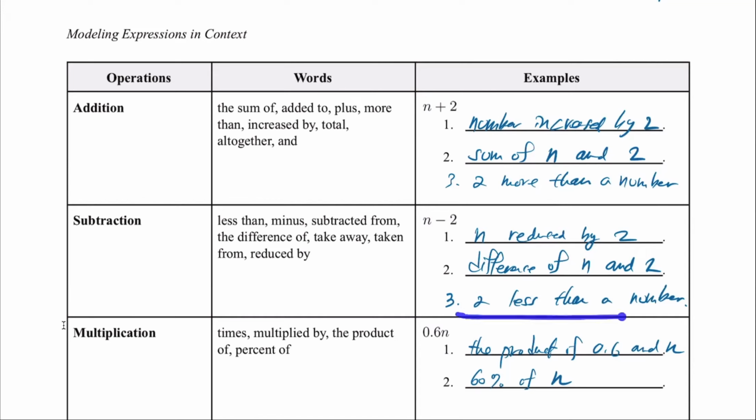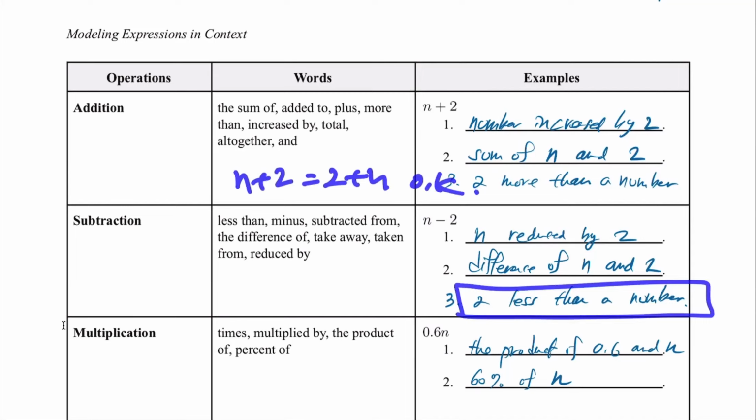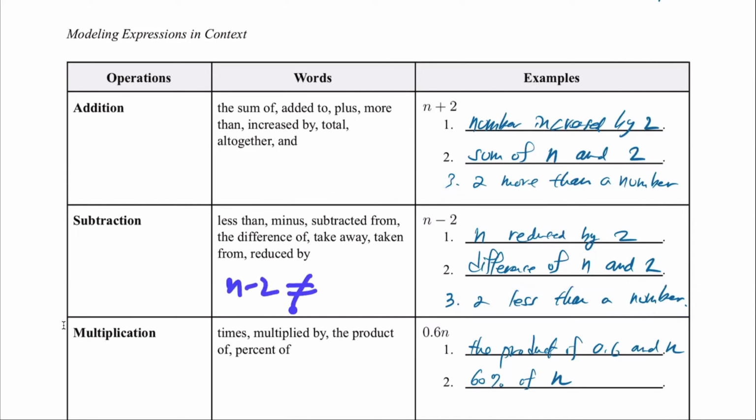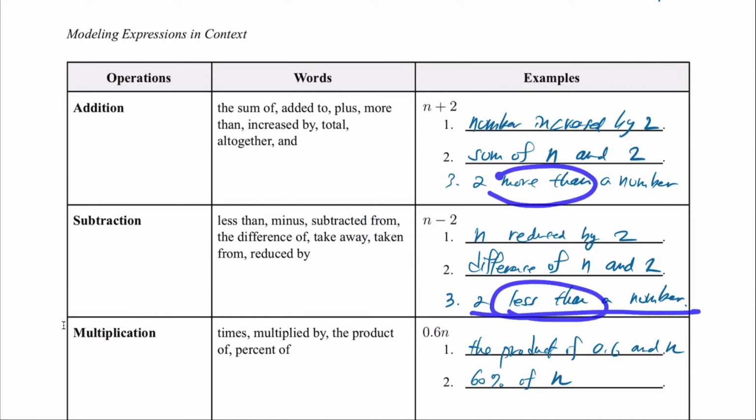It has to be 2 less than a number. Remember, n plus 2 is equal to 2 plus n, that's okay. But n minus 2 is not 2 minus n. It's different. Be careful. So that's why we have to be respectful of the less than or more than. You have to respect the order.